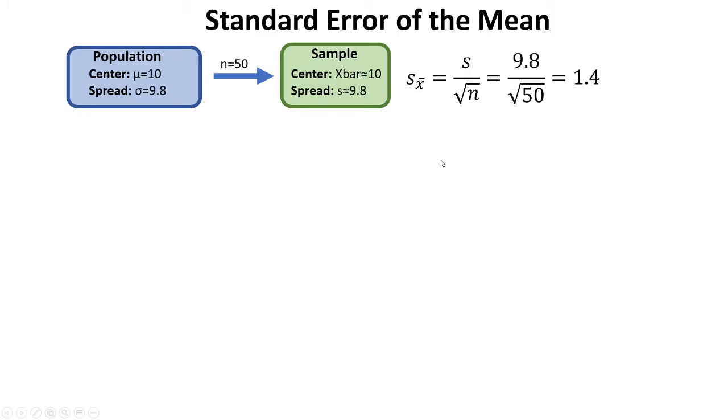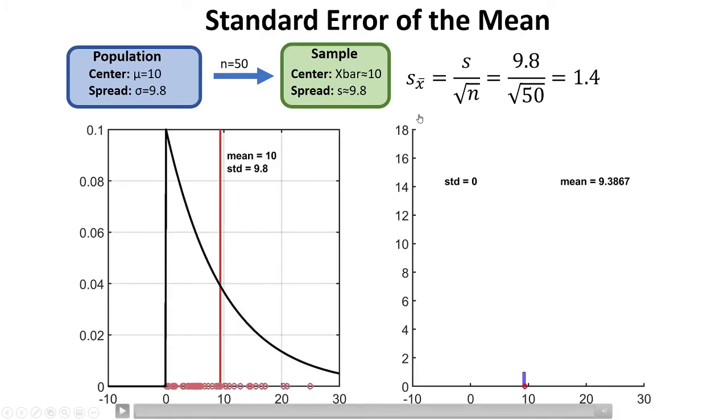So you might not believe me, but let me show you. Say we have an exponential distribution that has a mean of 10 and a standard deviation of 9.8. We're going to take samples of 50, take those means, and build a sampling distribution from those. All right, so let's play this forward.